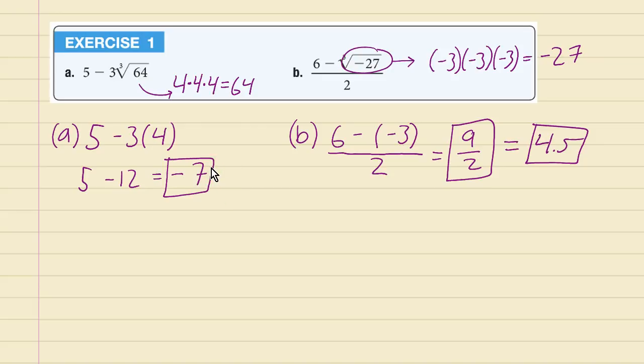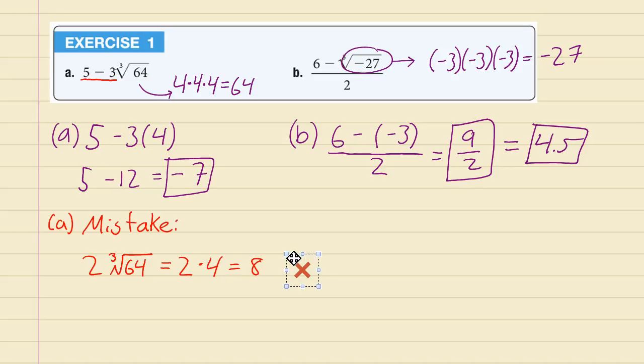I just want to go over a couple mistakes you might have made and talk about how you can correct those. Now, the most common mistake here with A is to take the 5 minus 3 and do that first, and turn that into 2, times the cube root of 64, which would then become 2 times 4, which is 8, but this is not correct.